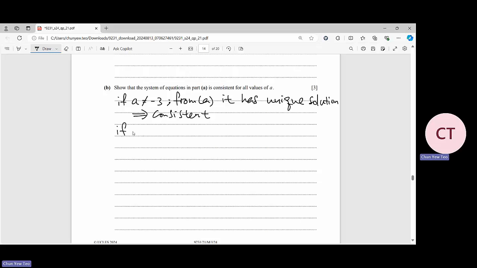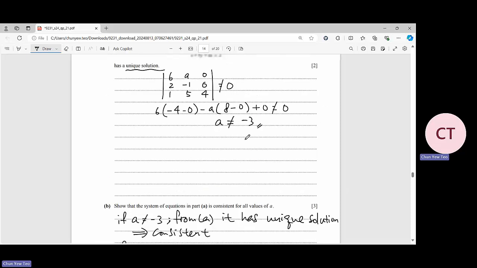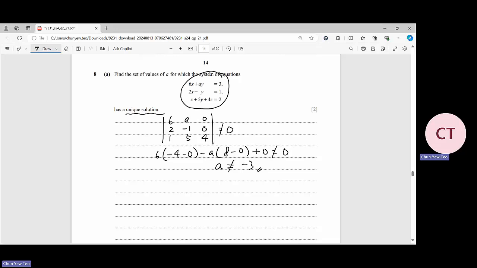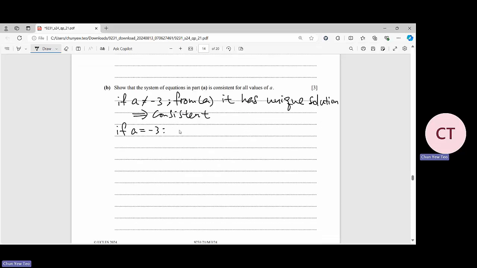So now we just need to consider if a is equal to negative 3. What happens? If a equals negative 3, then this system changes, your a becomes negative 3. I make it into an augmented matrix. I will have this as 6, 2, 1, negative 3, negative 1, 5, 0, 0, 4, and your values are 3, 1, 2. Right here, I just take row 1 minus 3 times row 2.